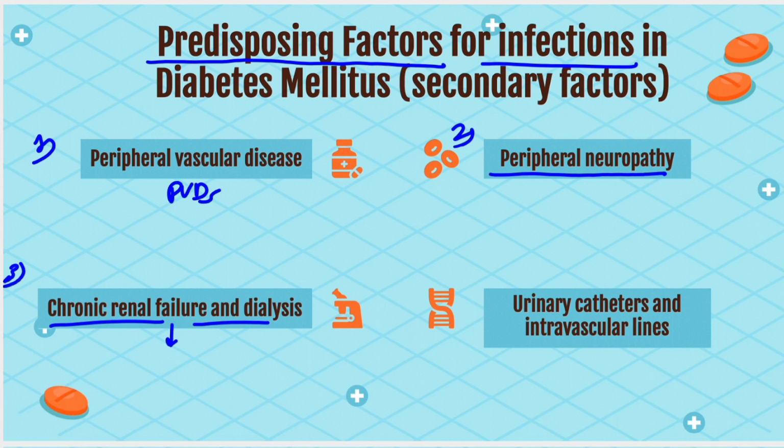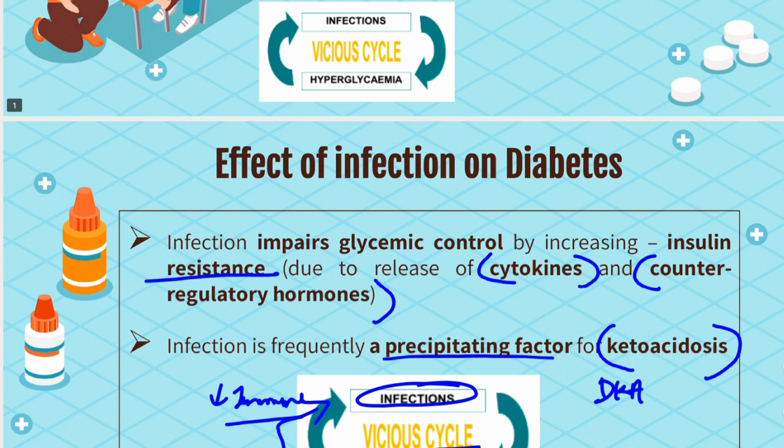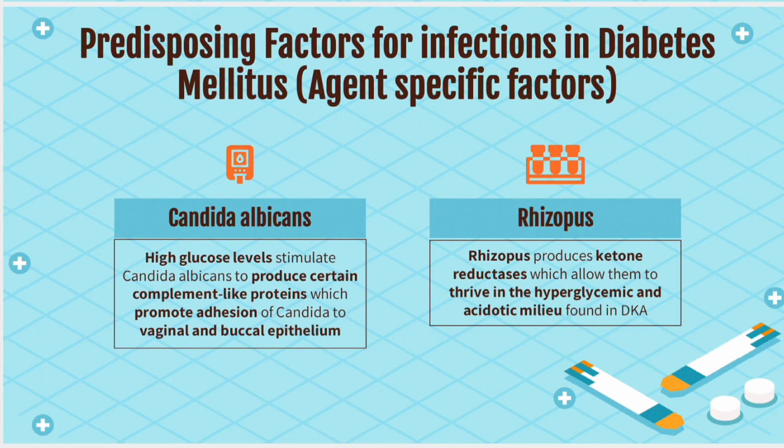As we know, diabetic nephropathy is one of the common microvascular complications in diabetes, and due to this there is development of chronic kidney disease or end stage renal disease, in which dialysis is a chronic requirement, which predisposes to infection. The fourth common factor is urinary catheters and intravascular lines, which are required in patients with diabetes and kidney failure. All these factors are usually secondary factors.